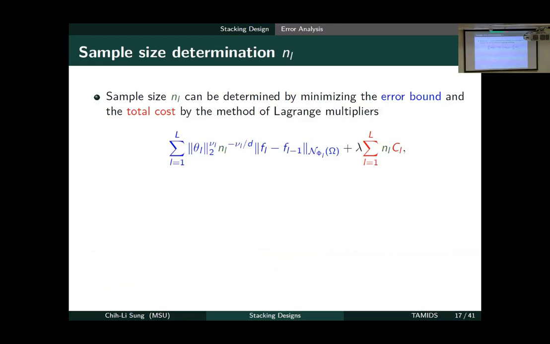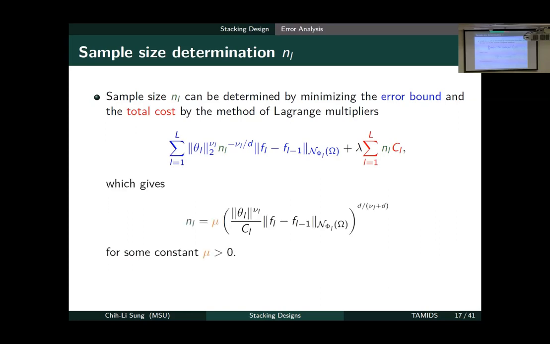Remember, each fidelity has an N_l sample size, and C_l is the cost of each fidelity simulation. So we can just use a Lagrange multiplier to minimize this whole thing, and it gives you this nice form of optimal sample sizes. You can see it actually makes sense because if the cost C_l is larger, then of course you are going to have a smaller sample size.